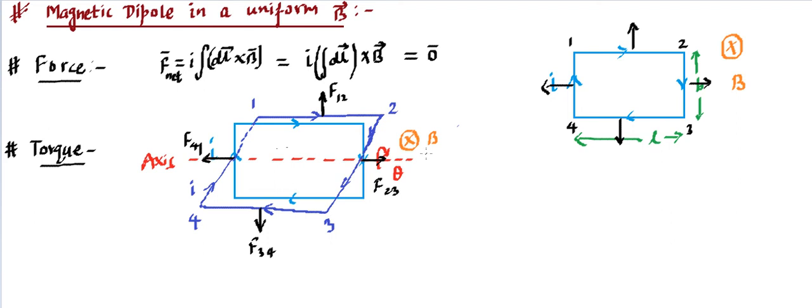So you'll find the torque is going to come in the direction opposite to the theta that we made. So torque is coming in the opposite direction to that of the angular displacement that you caused. Making sense? So from here we can say this torque is going to be restoring in nature. Restoring in nature.